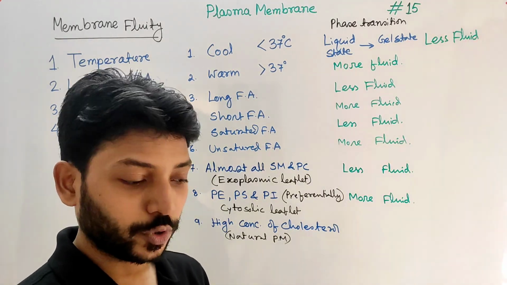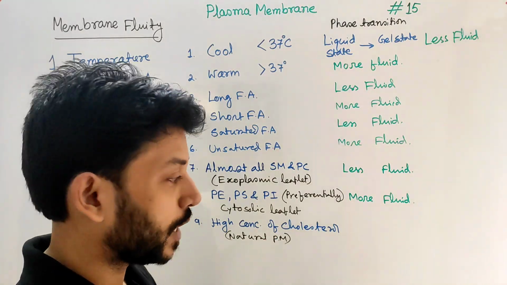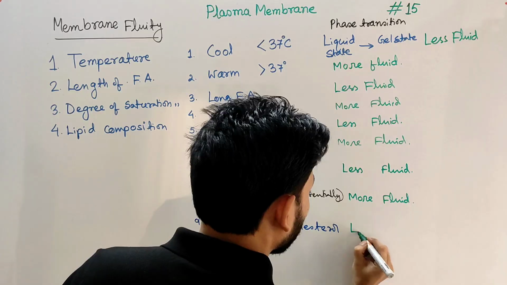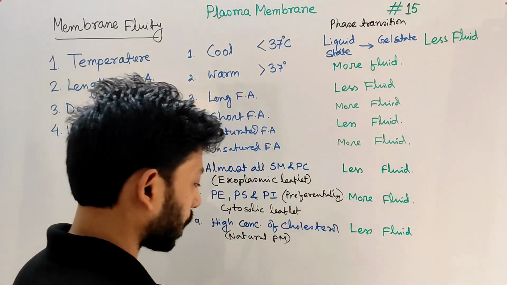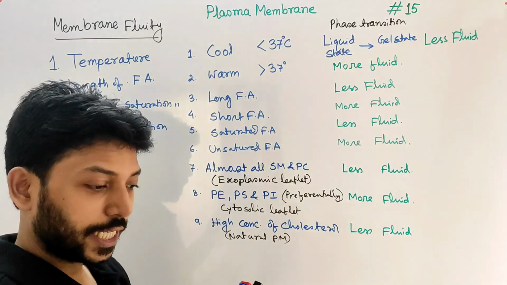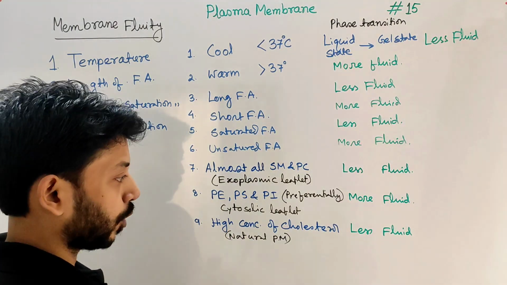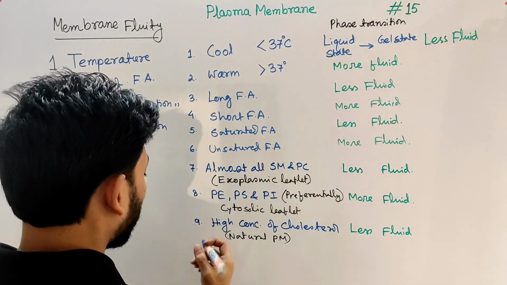Intercalation of the steroid rings with the fatty acids tends to immobilize the lipid molecules. That's why a high concentration of cholesterol makes a less fluid membrane. Because of the presence of the steroid ring, it intercalates with the fatty acids and tends to immobilize the lipid molecules, so it makes a less fluid plasma membrane.